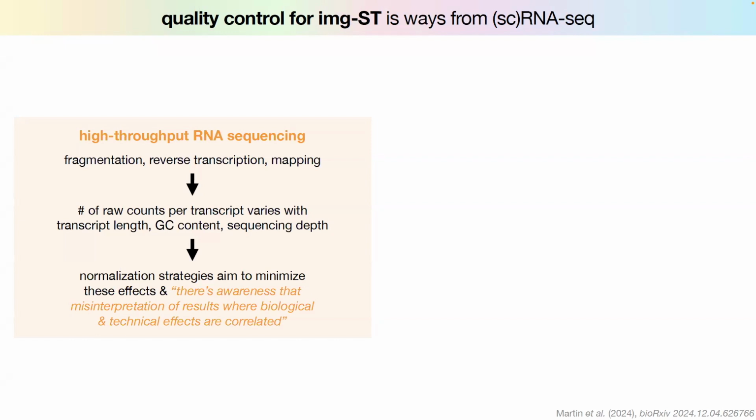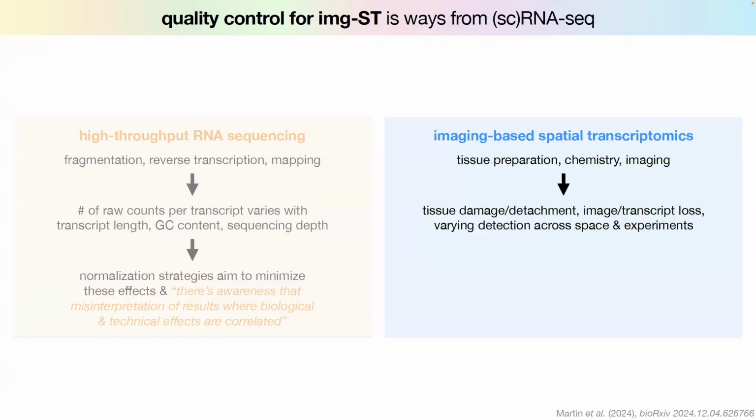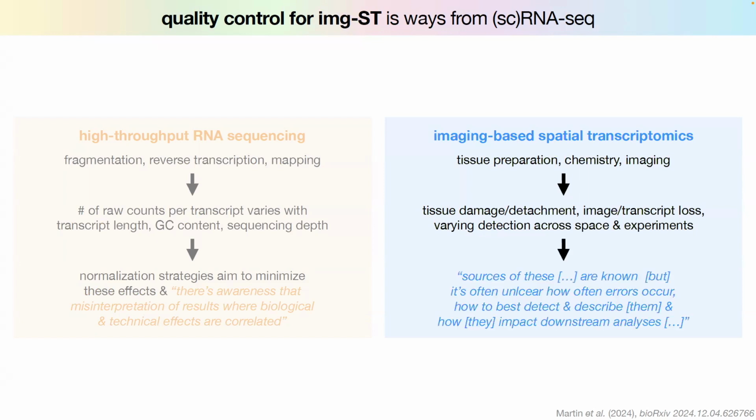So we know all of that process, and we know how to deal with it. We know we should do normalization. In imaging, we have a similar story. Our tissue is being prepared, we have different chemistry, we have imaging. Tissue can get damaged, transcripts can be lost. But in this paper, they say that although we know that, we don't know how it occurs, and we don't really know how to deal with it.